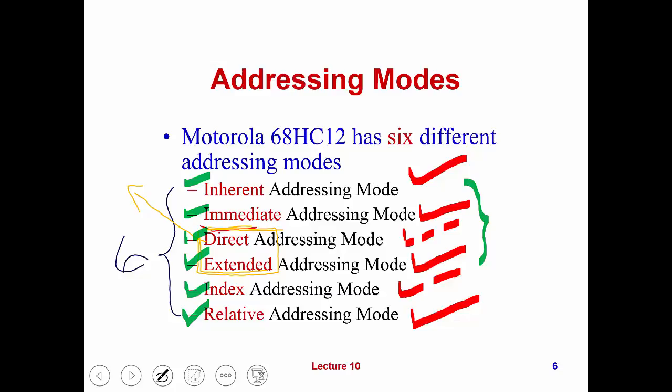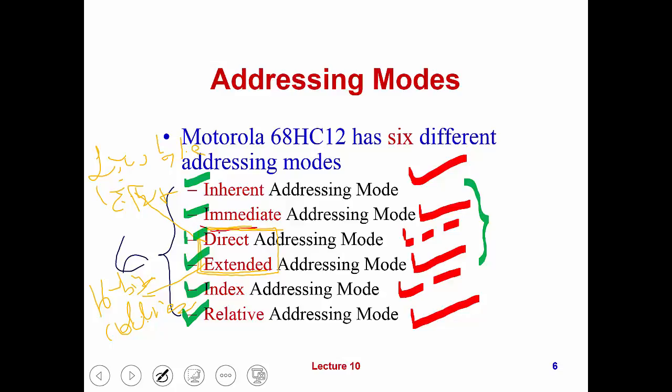The low byte address, only the low byte, which is 8 bits. For the extended mode, we need to provide the whole 16-bit address, or we call it the full address.